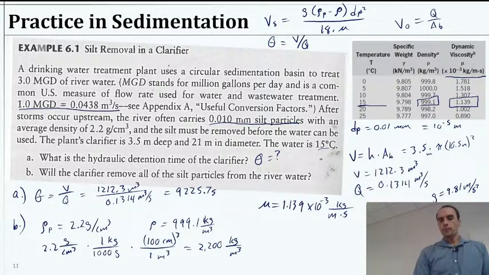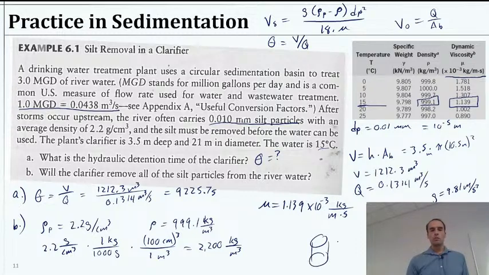Okay, so what you'll notice is I already solved for part A using that Q there. The 3 times 0.0438 gave us that 0.1314 cubic meters per second. I also had to calculate for V, and this is a circular sedimentation basin, so we have the area of a circle there and a height. Multiply those two together, so that should be the height times that area.